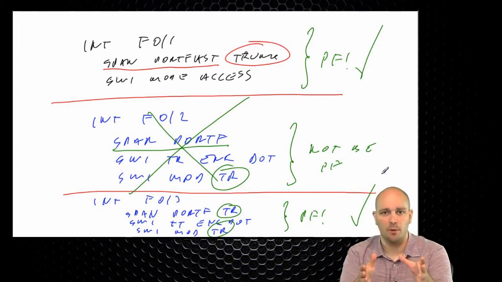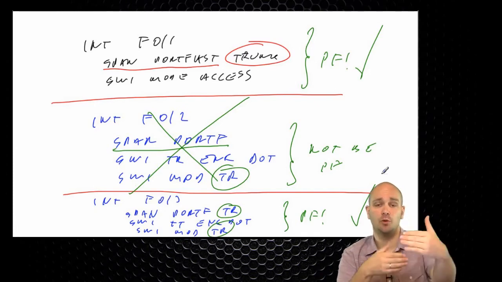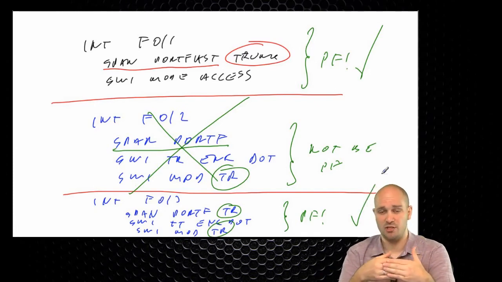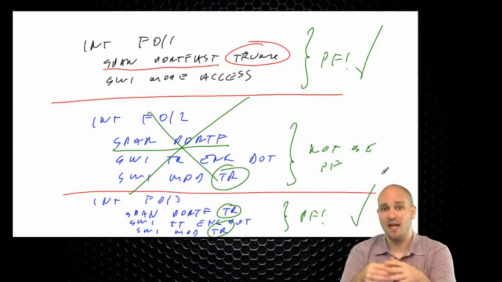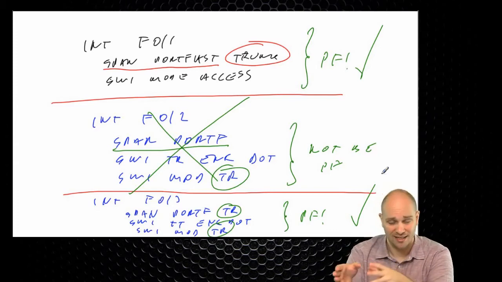Now, this was a problem if the spanning tree on the port was going through the listening and learning phases, because this port would be dropping those DHCP requests coming from a PC, so Cisco needed to find a way to work around this limitation in Windows 98.